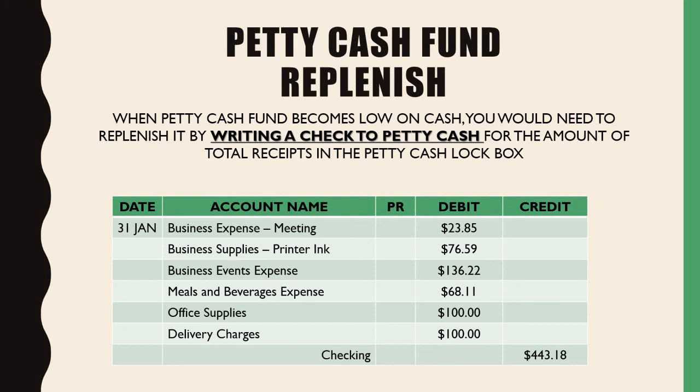And because I'm taking my receipts and writing a check out, the petty cash drawer manager's only responsibility is to cash that check out and place that money back into the petty cash drawer. So in this sense, when we journalize our transaction, we're taking the receipts from the box and converting them back into cash. Okay?